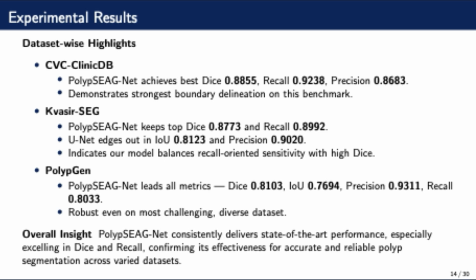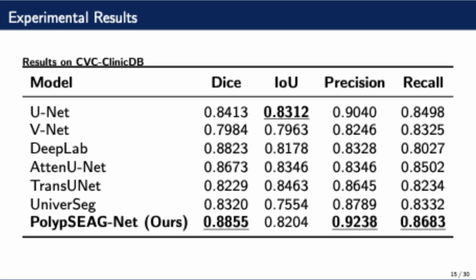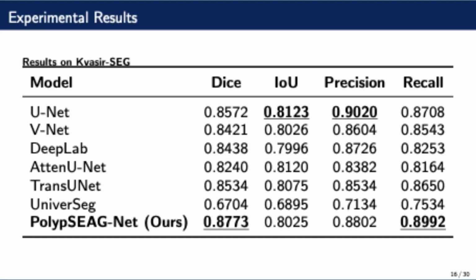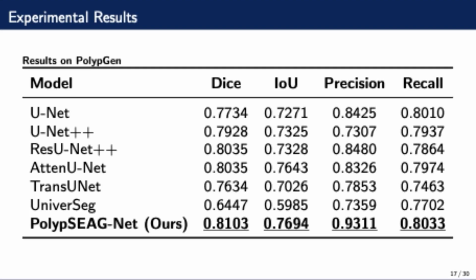I would say overall we achieved SOTA results, and we can go through them one by one. This is the first dataset we trained on, and the bottom line is our PolypSegment model, and the others are the other benchmark models. And here are the second dataset and the third dataset.